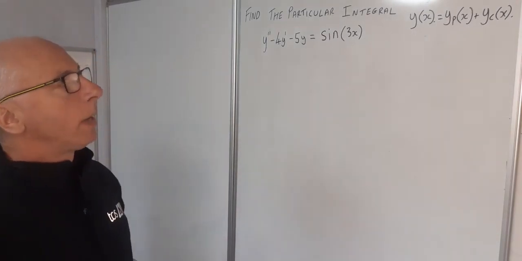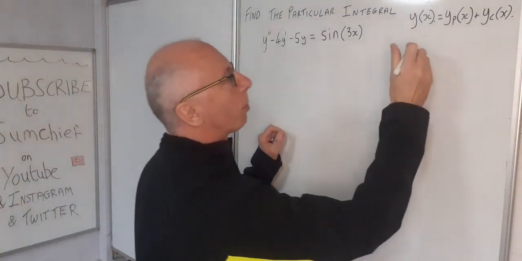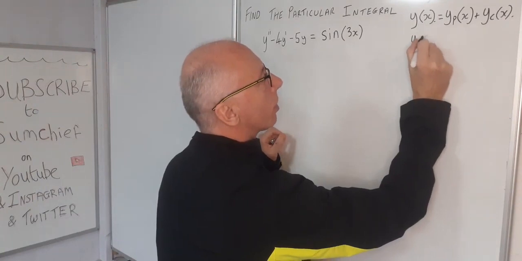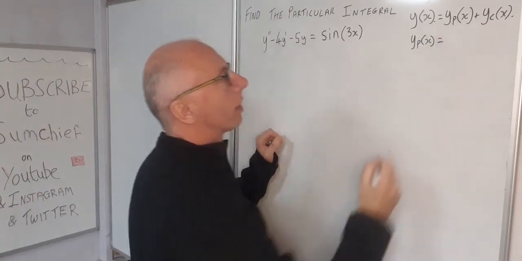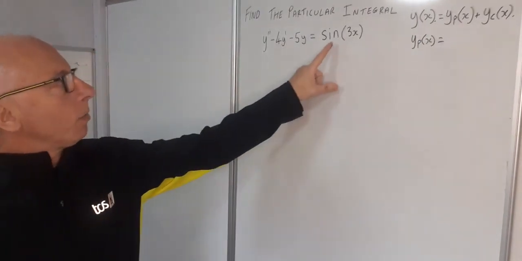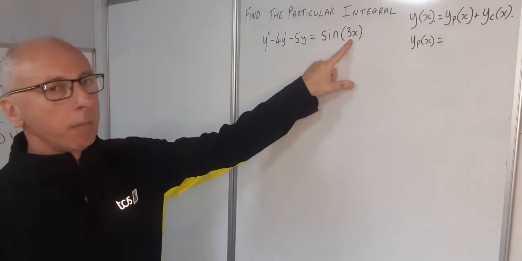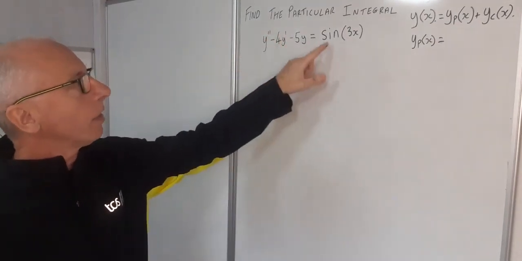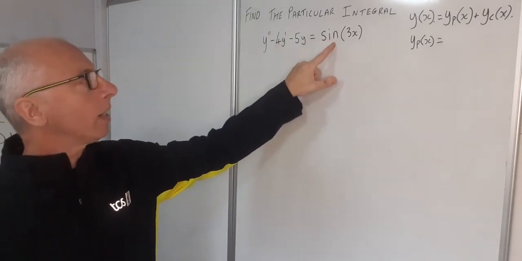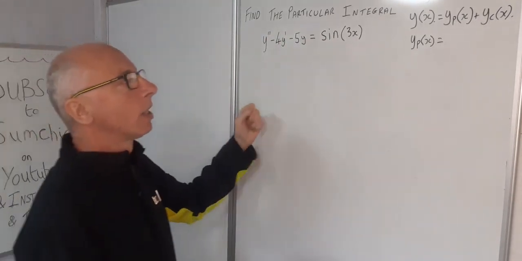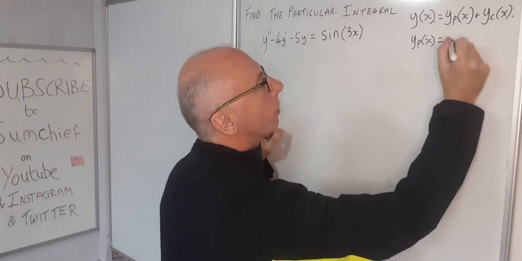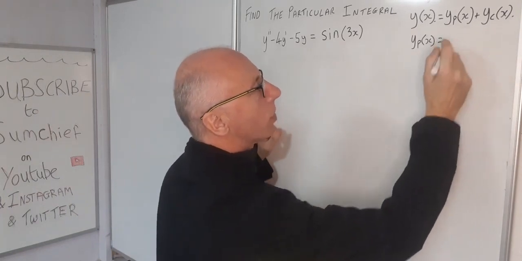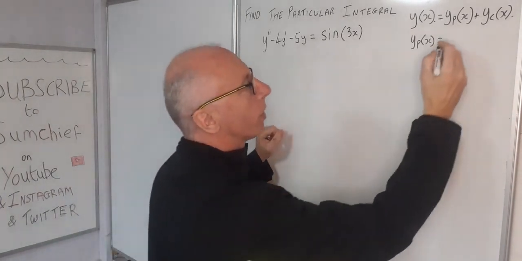So we need a format for our trial solution for the particular integral, yp of x. As we've got a trig function here with an input 3x, and we've got the derivative and second derivative, when we take the derivative of sine, we're going to need cosine as well. So we're going to need two parts in our trial solution.